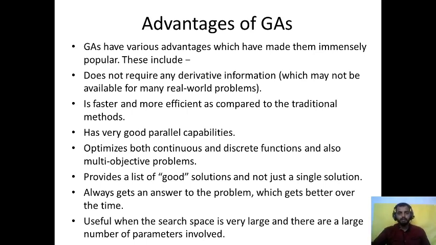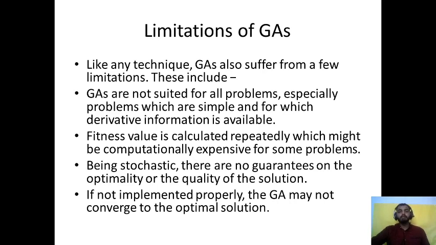Now moving forward, what are the limitations of genetic algorithms? Like any technique, genetic algorithm also suffers from a few limitations. These include that genetic algorithms are not suited for all problems, especially problems which are simple and for which derivative information is available.